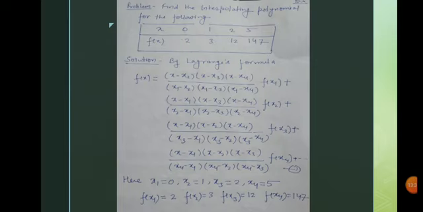Now what about the value of function? Then function value f(x1) is equal to 2, f(x2) is equal to 3, f(x3) is equal to 12 and f(x4) is equal to 147.